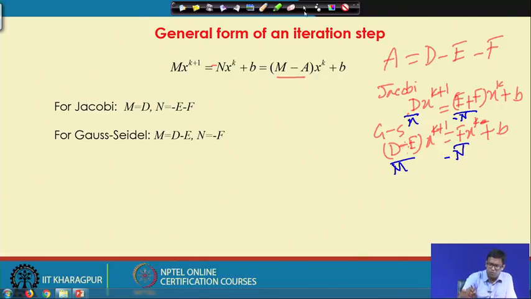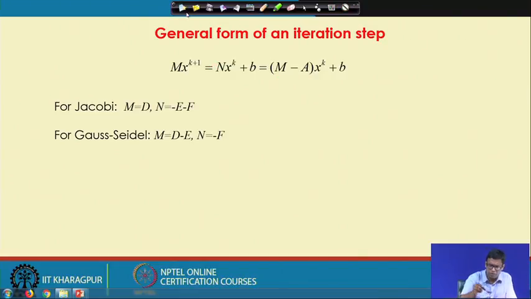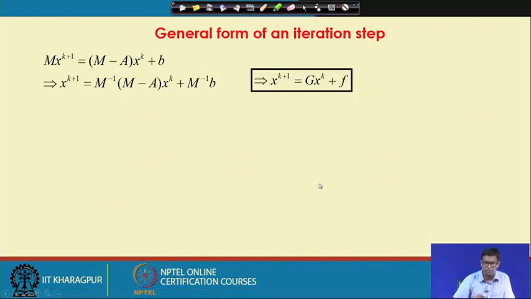Now, if we further look into these steps, M x k plus 1 is equal to M minus A x k plus b, which is a general form of any iteration step in Gauss-Seidel or Jacobi. So, x k plus 1 therefore will be M inverse (M minus A) x k plus M inverse b, and this is written as a general form x k plus 1 is equal to G x k plus f.